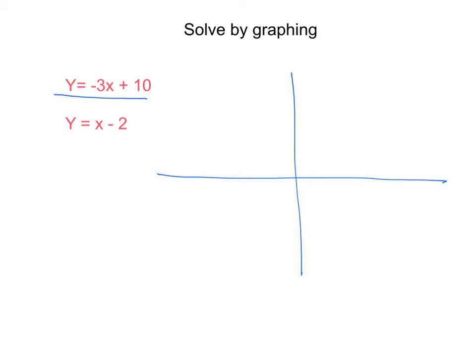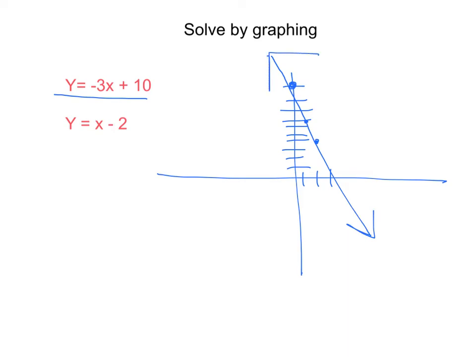That means my y-intercept is 10, so it's going to intersect about right here. And my slope is negative 3 over 1. So my line will look something like this. It doesn't have to be perfect.